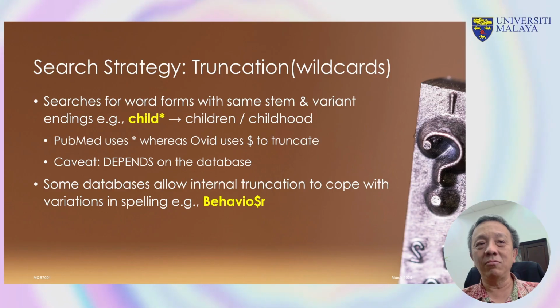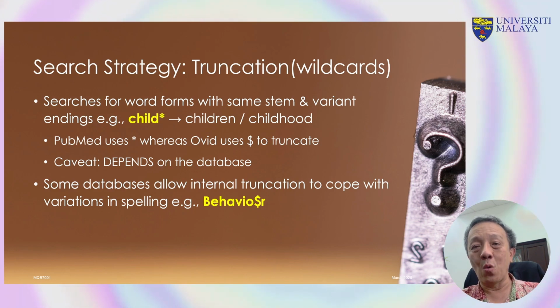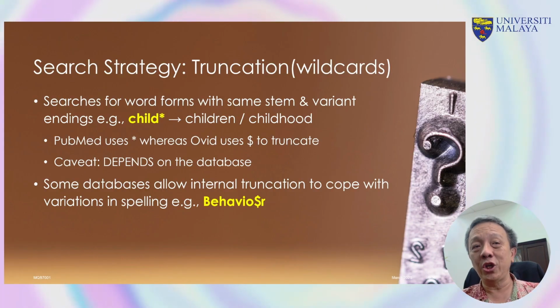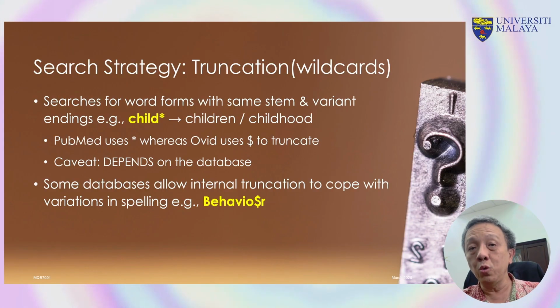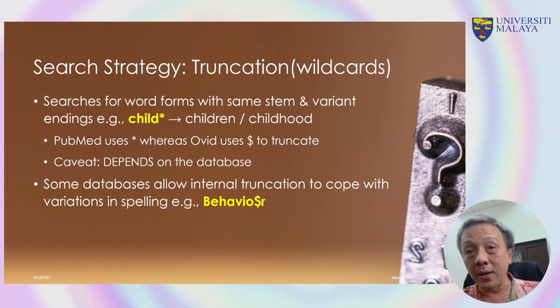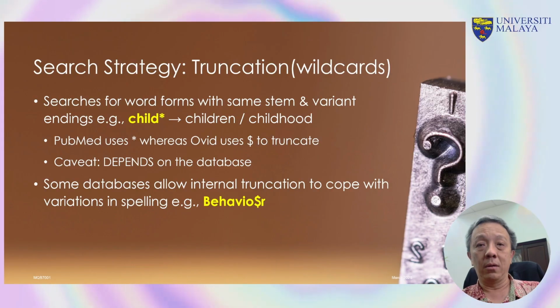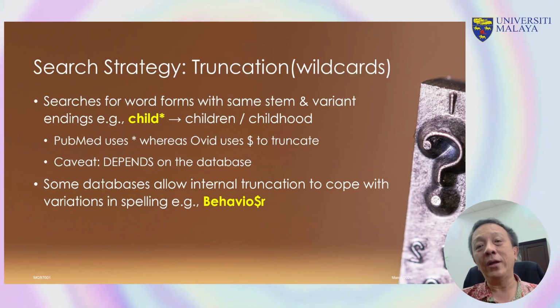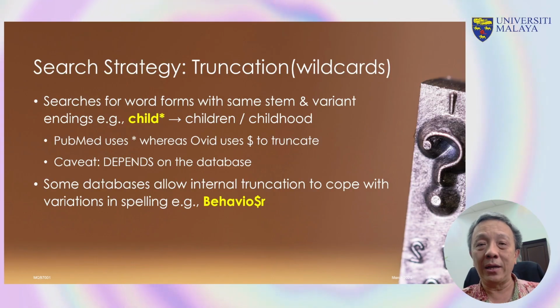Some databases allow internal truncation to cope with variation of spelling. Example, behavior. It can be behavior, which is American, or behaviour, which is British. So if you just put one spelling, then you will miss the people who have written in British English, and the same thing goes the other way, you miss the people who wrote in American English.